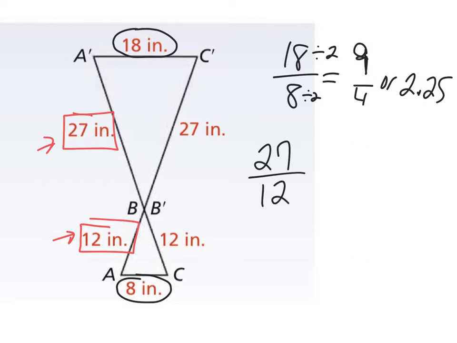And I guess, let me back up a minute. We don't always want to just say the bigger over the smaller or the smaller over the bigger. We want to make sure we're consistent whether this is the new over the old. Okay? We've got to be consistent on which figure we were starting with and ending up with.